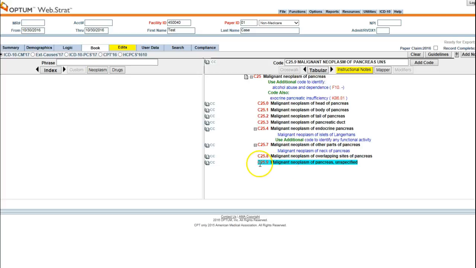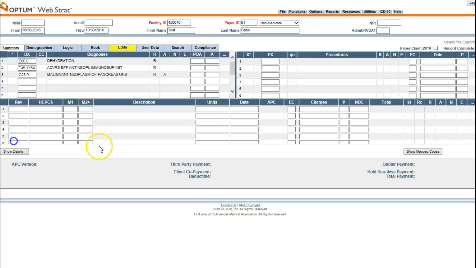So we're fine with choosing C25.9. I'm going to add that code. So now let me look at my summary. We should have dehydration, we should have adverse effect of anti-neoplastic, and we should have malignant neoplasm of the pancreas, unspecified. This is how you should have answered your question 28 for your week 3 assignment.